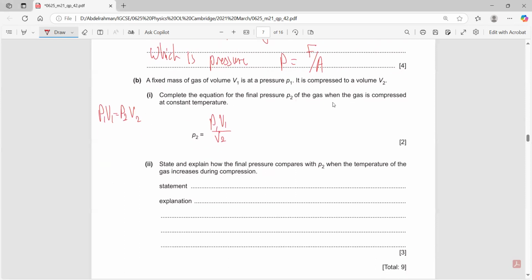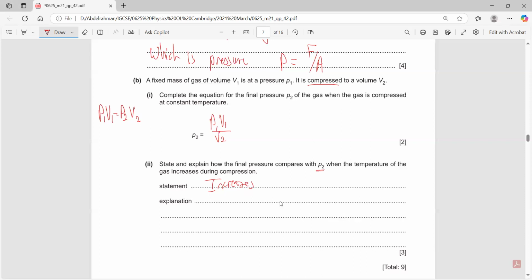State and explain how the final pressure compares with P1. Compressed to a volume, what do I mean by that? Volume decreases. So what happens to the pressure P2? It increases. Why does it increase in terms of molecules?